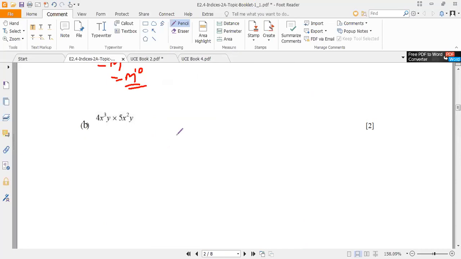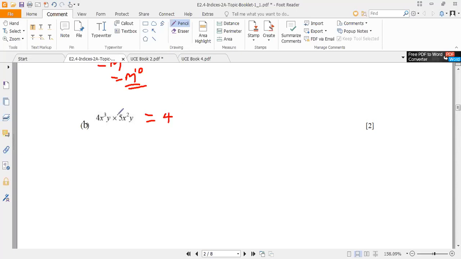When collecting like terms, we bring factors that are the same together. When we do this, we shall also apply the laws of indices along the way.